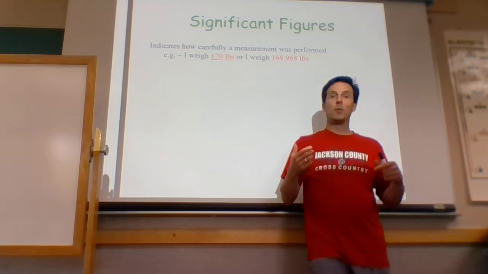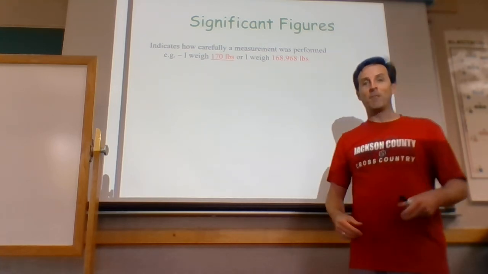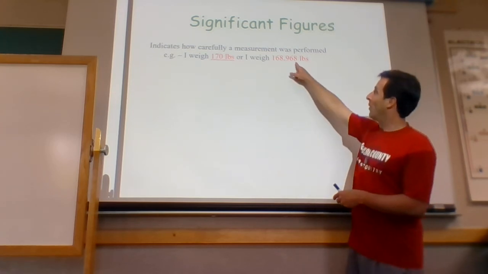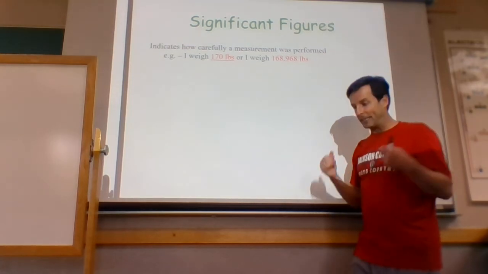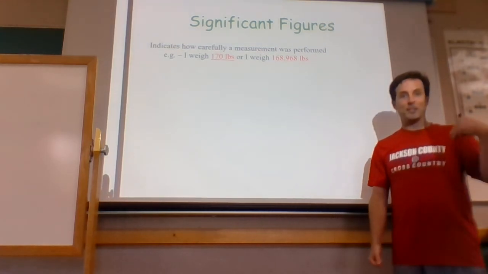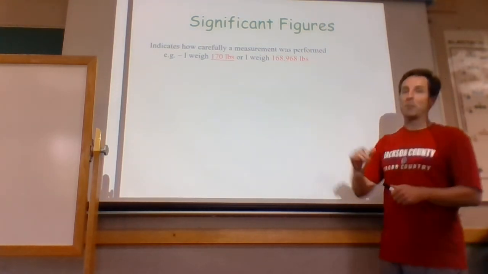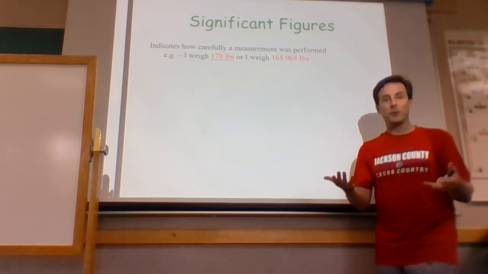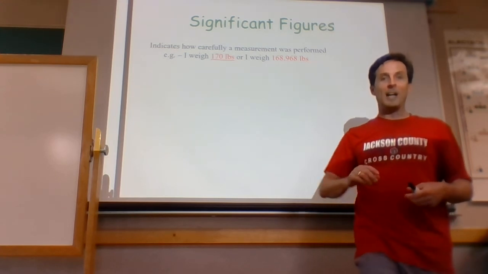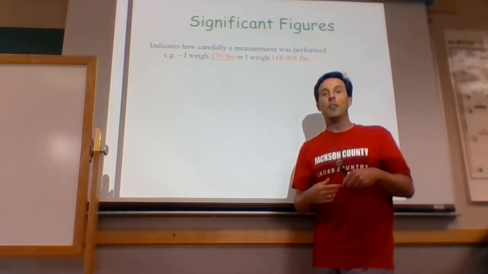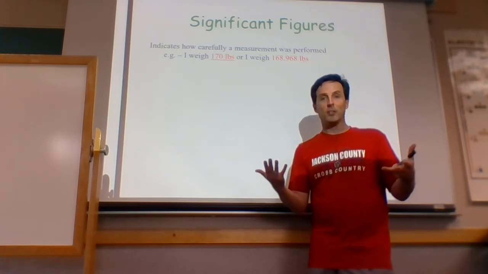Now, what if somebody walks up to me and I've got a $500 scale that measures my weight to the thousandth of a pound, and I'm standing on the scale and I read the number and then I step off and somebody says, how much do you weigh? And I'd say 168.968 pounds. And that would only be accurate for a few seconds. Because if I ate an hour ago, as my body digests food and I breathe out carbon dioxide and water, my weight's going to change.